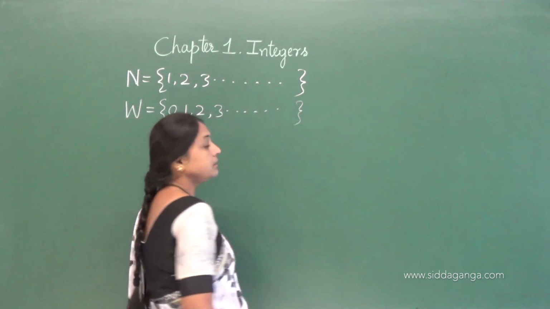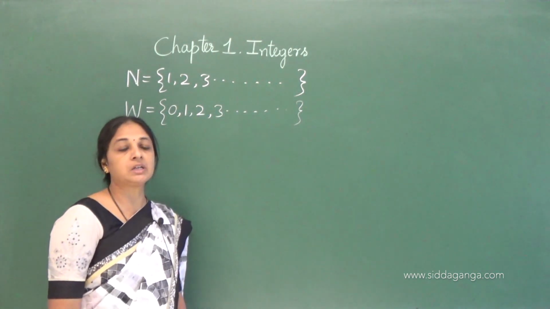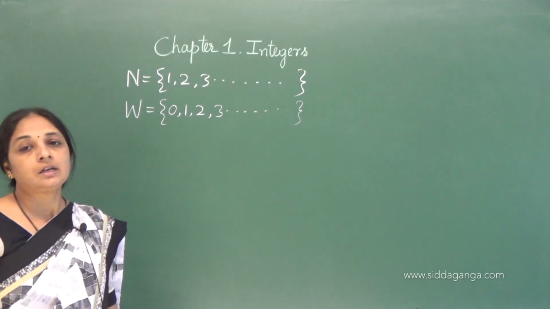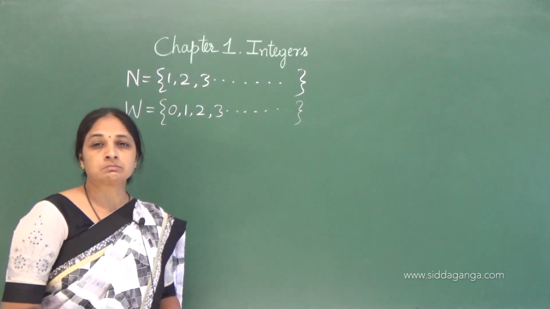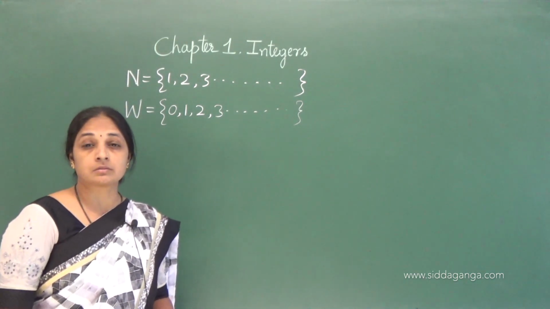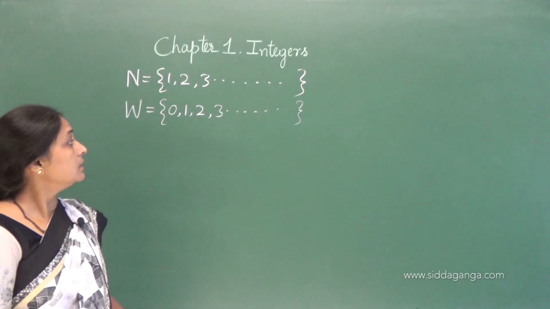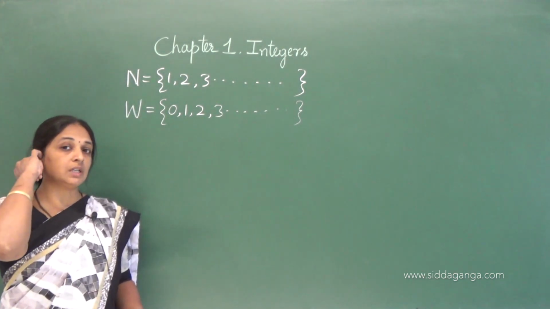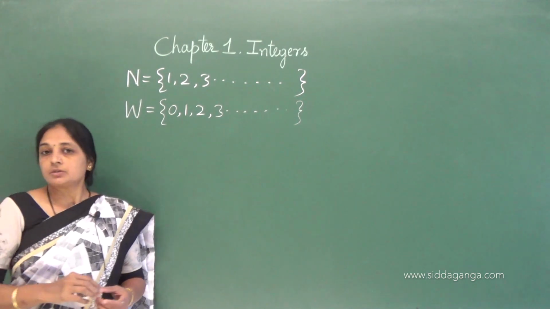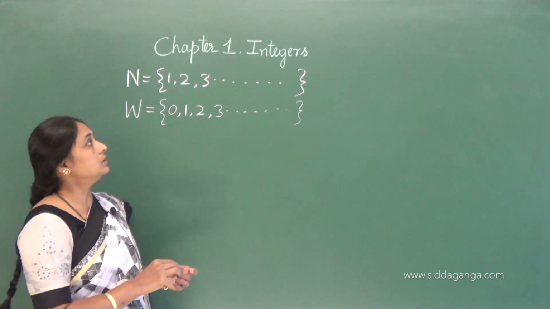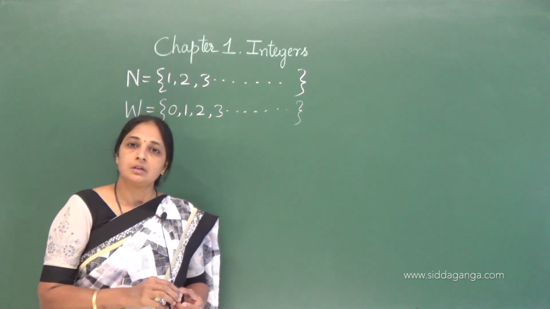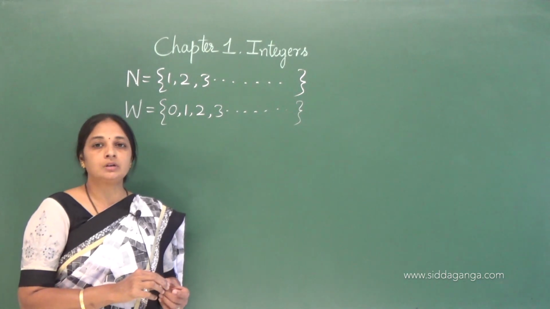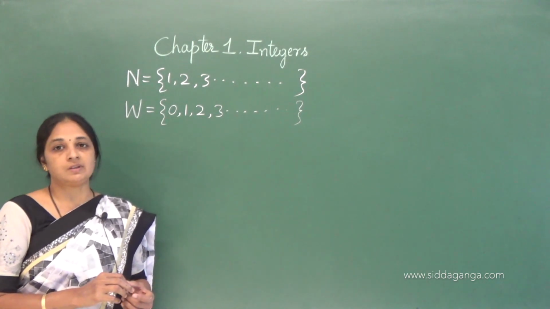It's also an infinite set because it has an enormous number of numbers in the set. So today we are going to learn about integers, and you learned integers in the previous class.